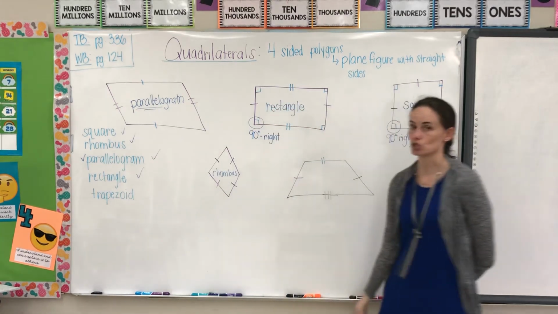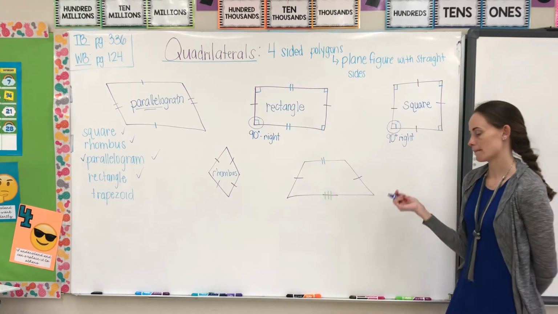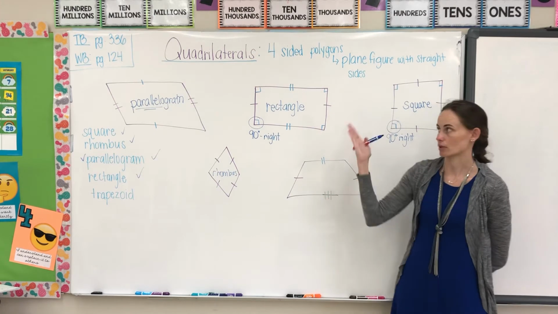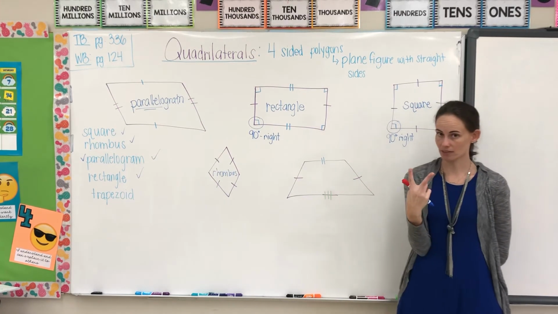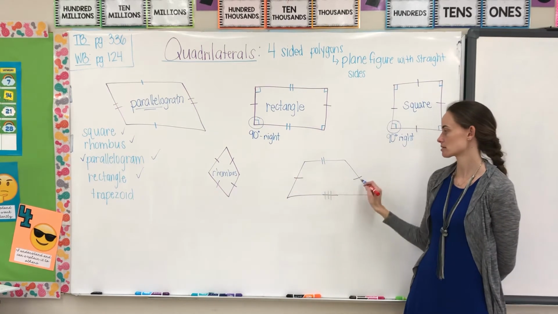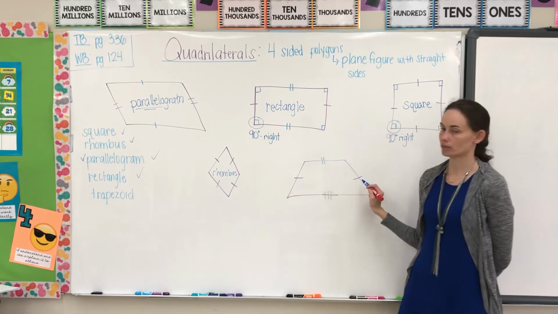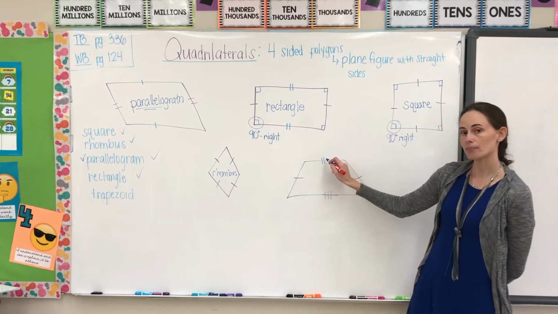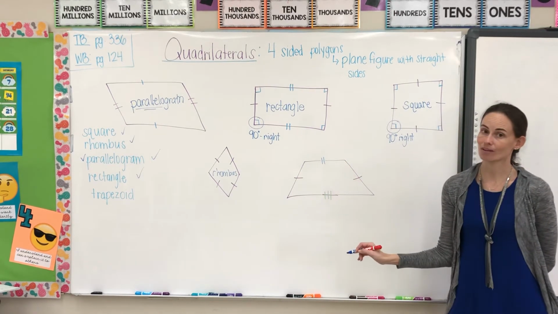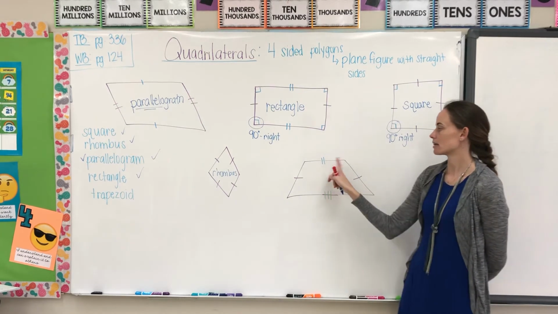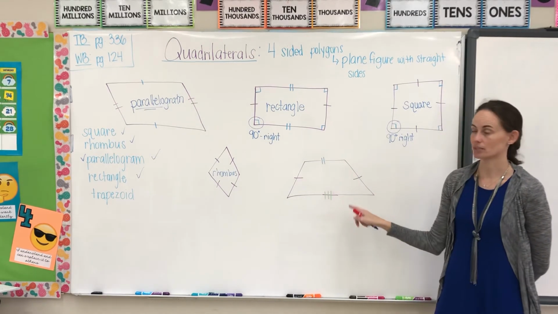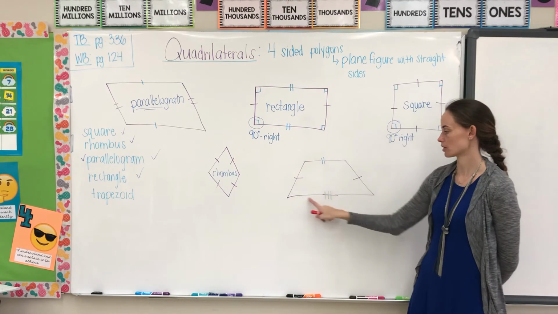All we have left is a trapezoid. Okay, now a trapezoid also has four sides. That's why it's a quadrilateral. But it only has one pair of lines that are parallel, which would be the sides. That's why they both have one little mark. And then the top and the bottom are not congruent, because this side is much smaller than the bottom.